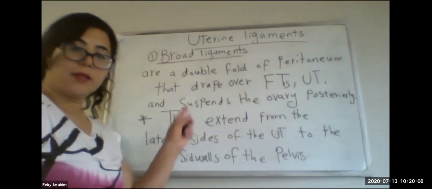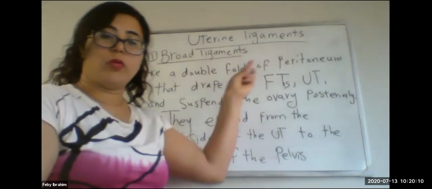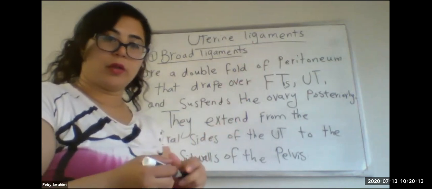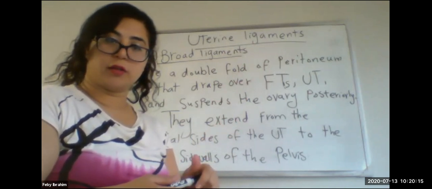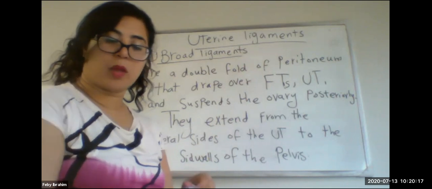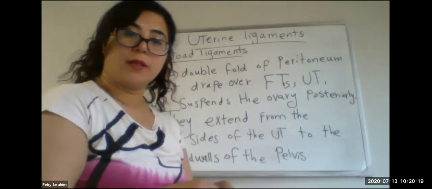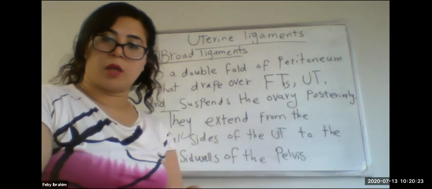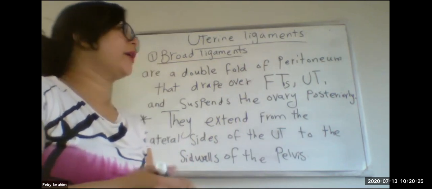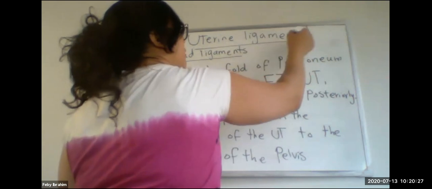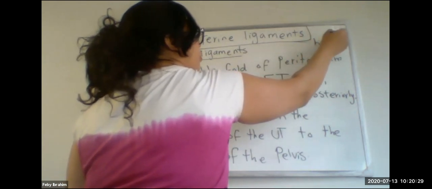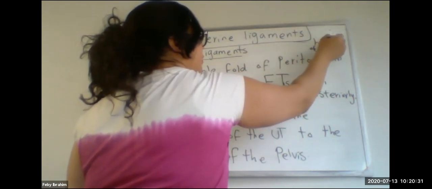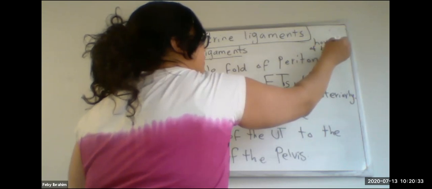So before we talk about the broad ligament, what are the functions of ligaments? We know that ligaments hold the organs in place, and they are also a house for blood vessels.